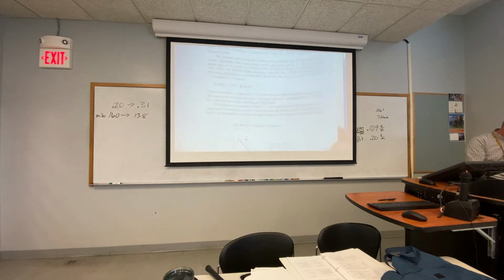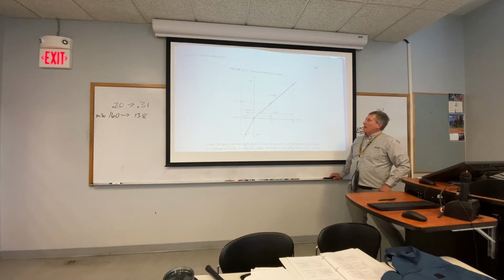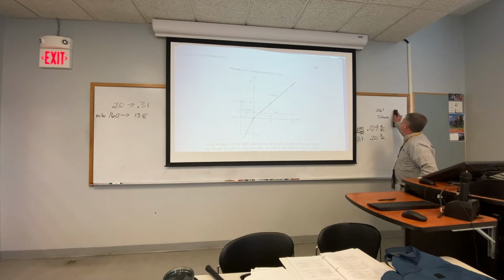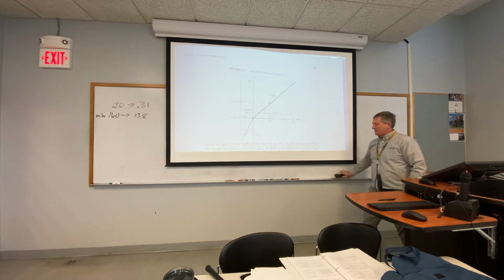All right, so 23.3 is this picture. And what happened? Did you get an answer different than the answer key? Yeah. How many people got an answer different than the answer key?